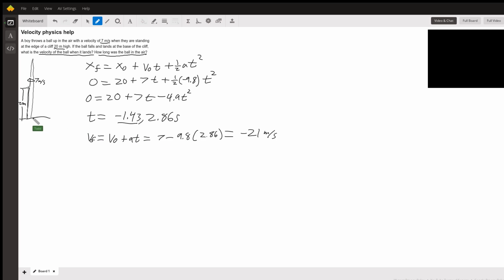In other words, it's traveling downward at 21 meters per second when it hits the ground.